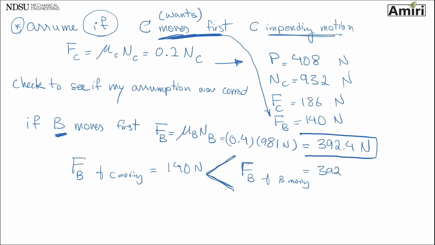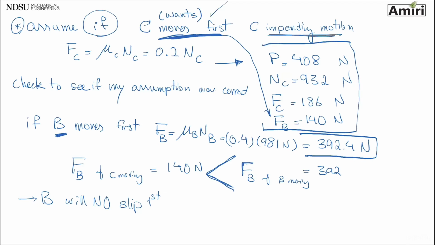So that means that B will not slip first. And that means my assumption was correct, that C will move first. So then I can take all of these forces as my correct answer.